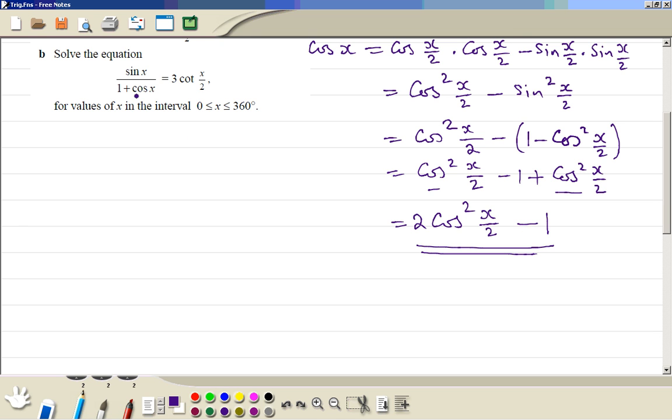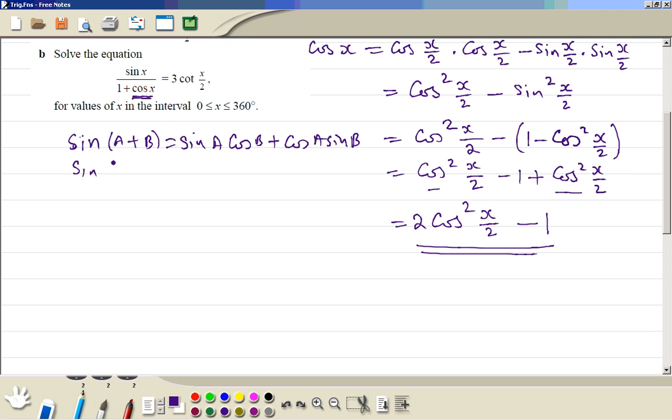So we know what cosine x is in terms of x over 2. You also have to remember this formula: sine of a plus b is sine a cosine b plus cosine a sine b.